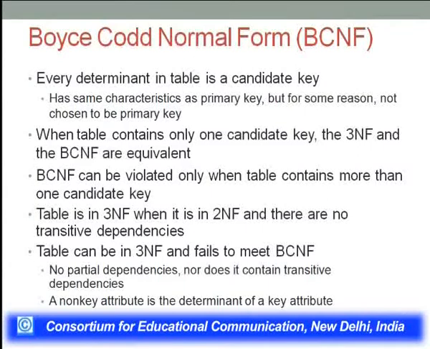We have seen that in the third normal form the transitive dependencies were eliminated. So, a table can be in the third normal form but still fail to meet the Boyce-Codd normal form when it has no partial dependencies nor transitive dependencies, and a non-key attribute is the determinant of the key attribute.